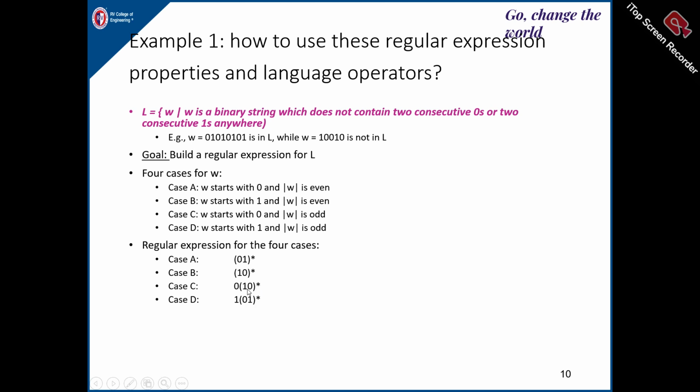So 0 (1 0) whole star. The last case will be 1 (0 1) whole star. I cannot have (1 1 0) whole star because 1 1 cannot be together, so it has to be 1 followed by (0 1) whole star. So these are the four cases that the language can be split into.